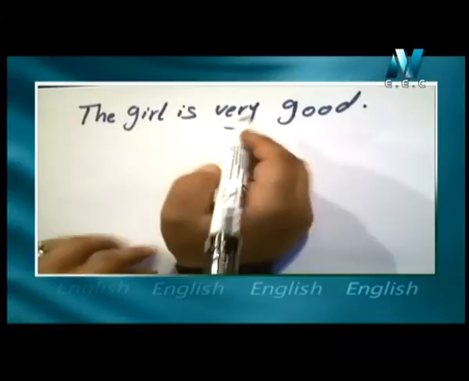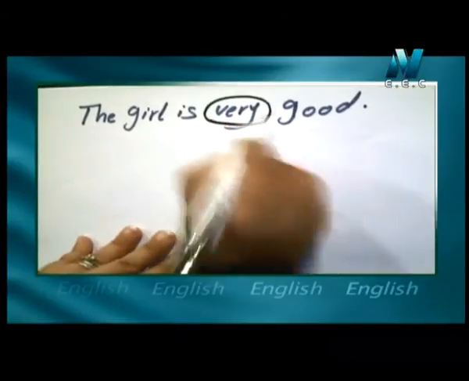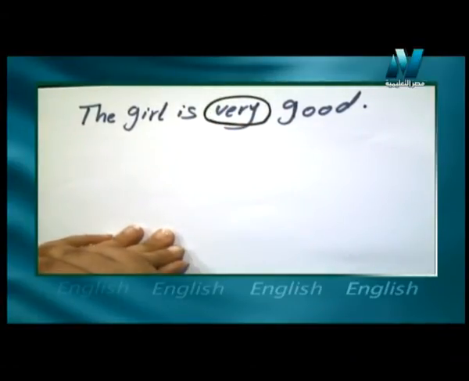Okay. Let's have an example. When I'm saying the girl is very good, here I have an adverb which is very. The girl is very good. Very is an adverb.